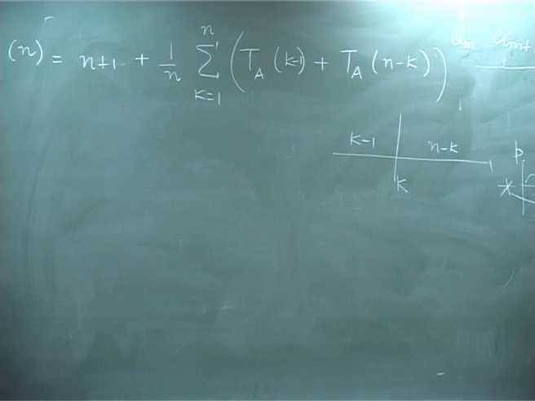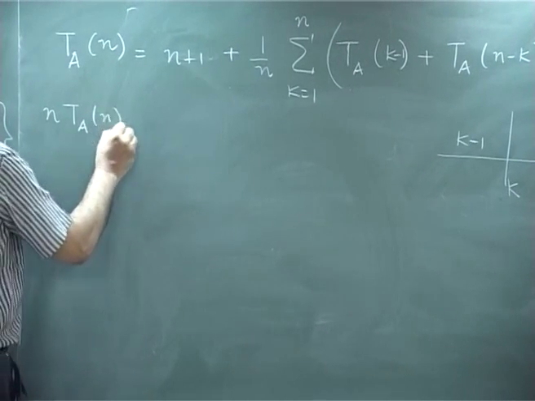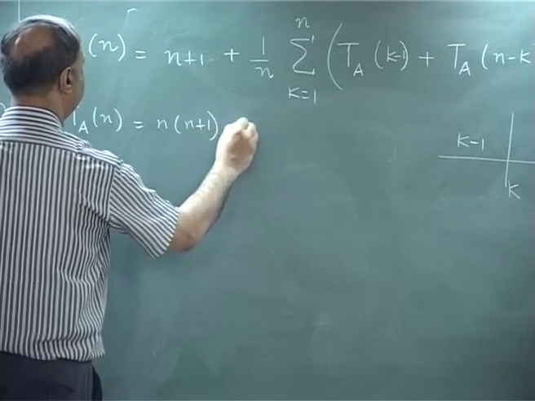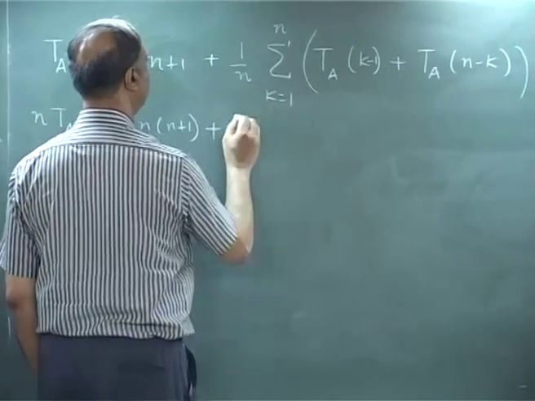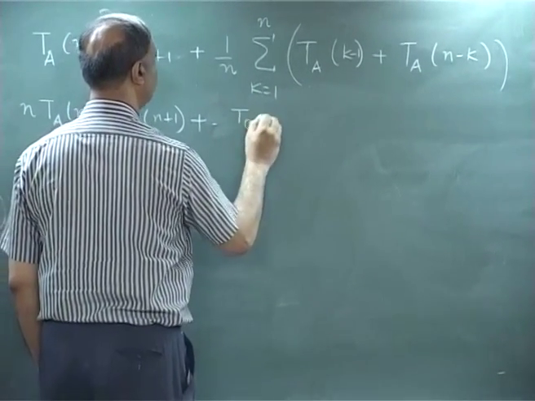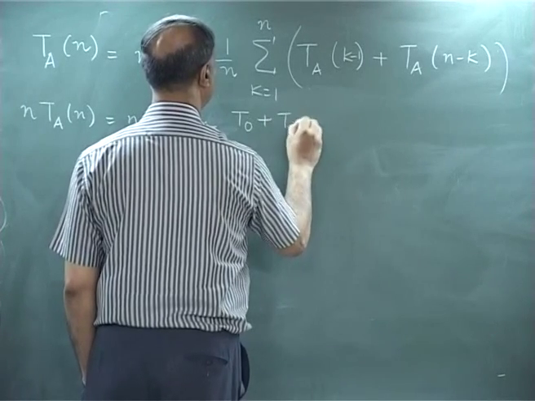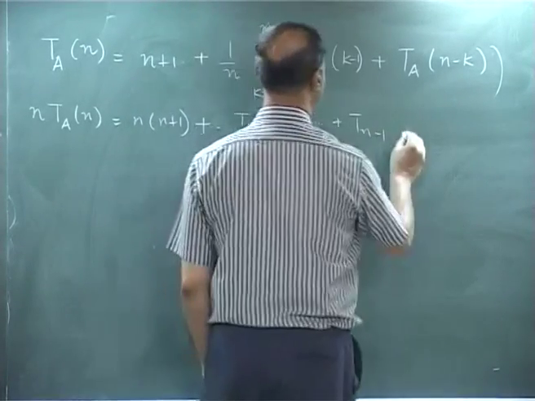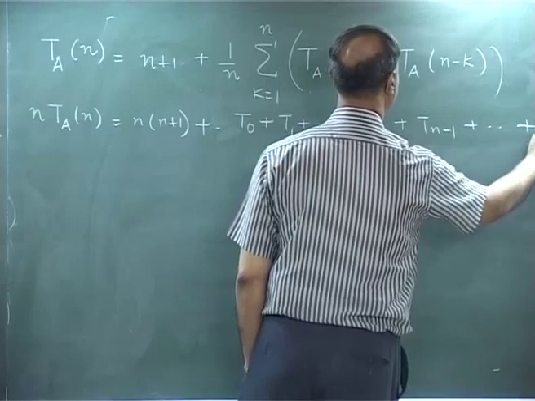So this gives you basically n times TA(n) is equal to n into n plus 1 plus T0 T1 ... T(n minus 1) plus T(n minus 1) ... T0.